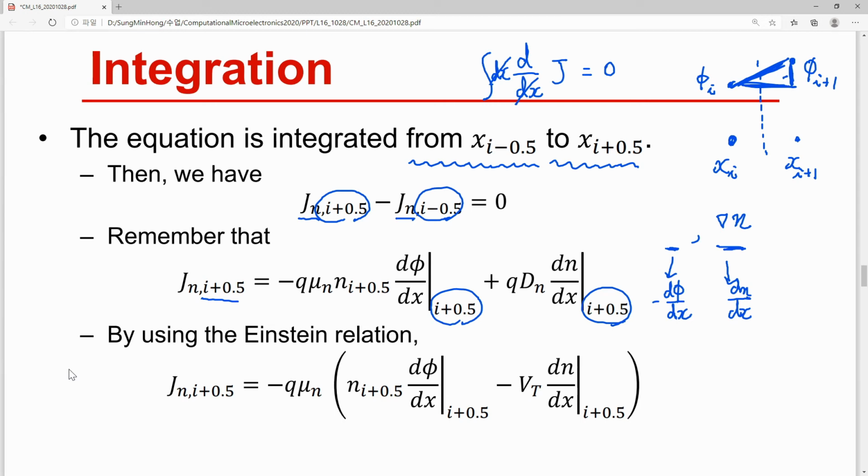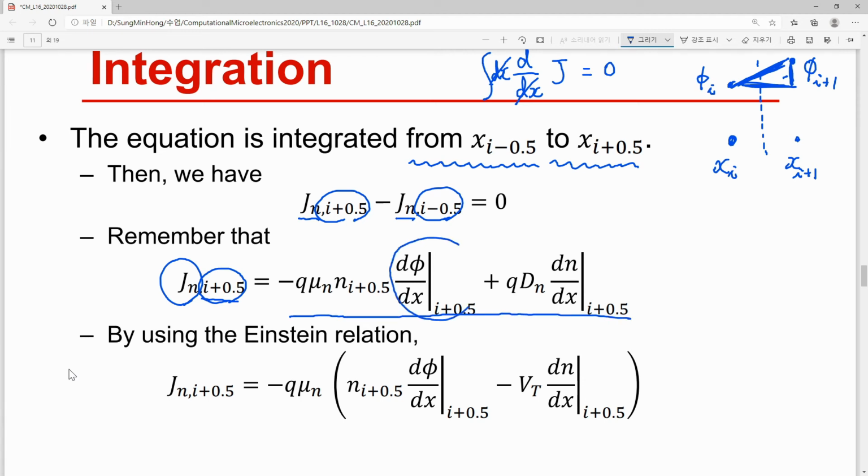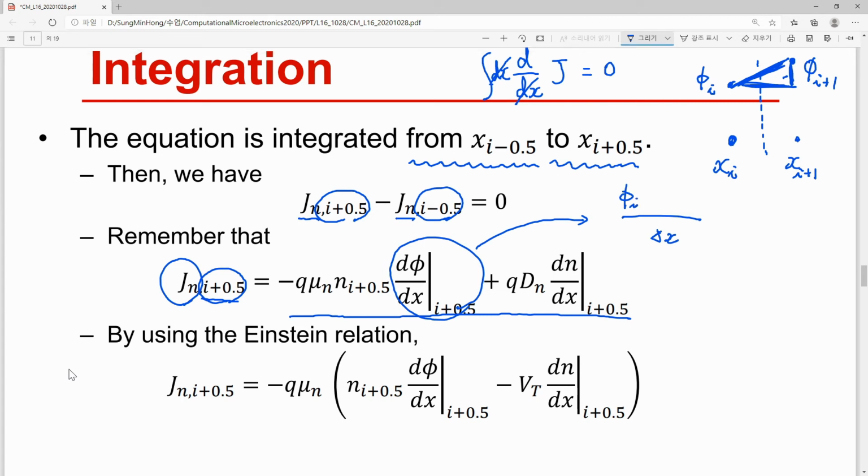So now we easily understand that although the Jn evaluated at the upper bound is given by this complicated expression, this one can be just approximated as phi i plus 1 minus phi i divided by delta x.